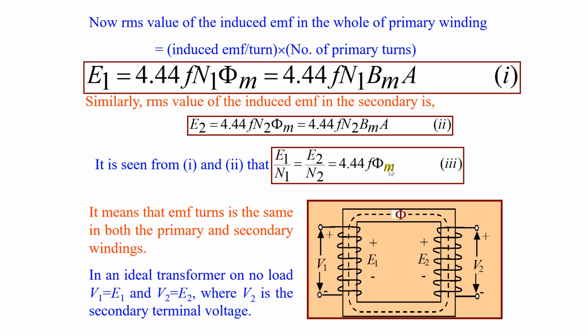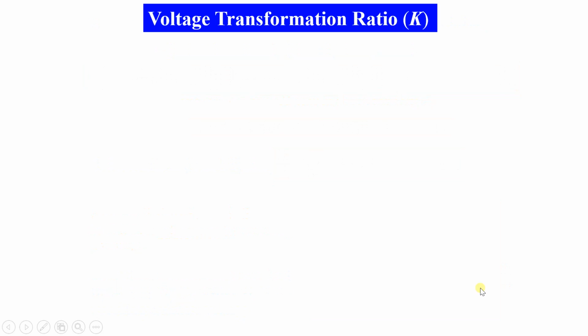In an ideal transformer on no load, when there is no load on the secondary side, then V1 is equal to E1 and V2 is equal to E2, where V2 is the secondary terminal voltage, the voltage produced on the secondary terminals.